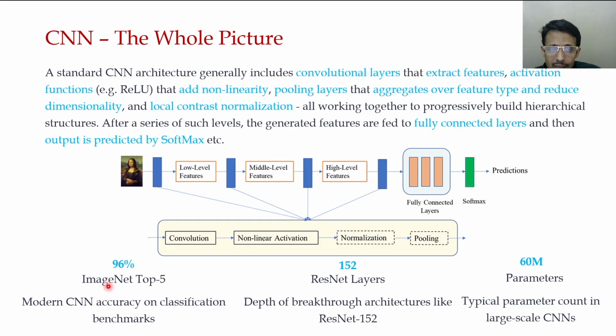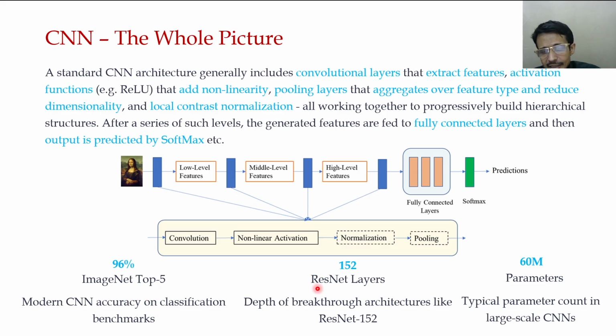Now one could see that the ImageNet challenge has been very successful in recent times. On ImageNet top 5, modern CNNs reach around 96% accuracy on the classification benchmark. CNN is very successful.